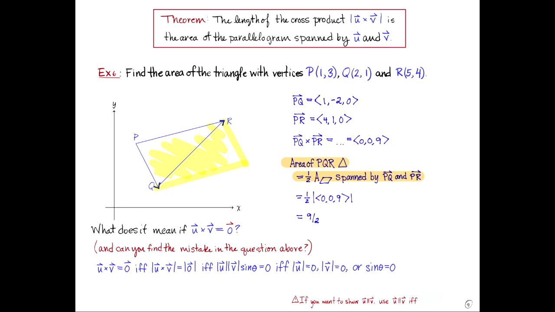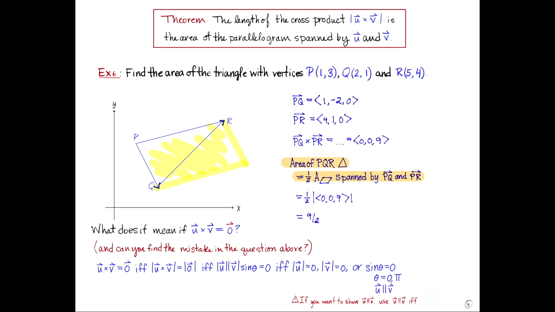Solving sine theta equal to 0, that means that theta has to either be equal to 0 or to pi. Theta is only going to be equal to 0 or pi if the vector U is parallel to the vector V. In other words, the vector U is parallel to the vector V if and only if U cross V is equal to the 0 vector.